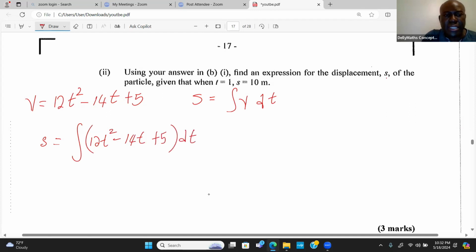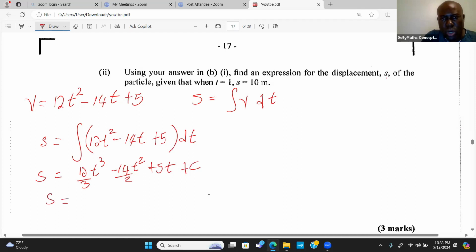So if I integrate this, then we're good. S is going to equal 12t to the third over 3 minus 14t squared over 2 plus 5t plus c.